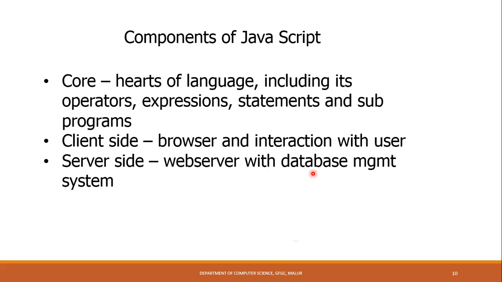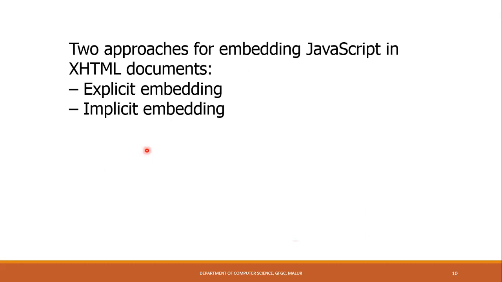But as far as the syllabus is concerned, we will discuss how JavaScript is going to be used in client side interaction, not with the server side. So components of JavaScript will have three things. One is core, next is client side, and another is server side.